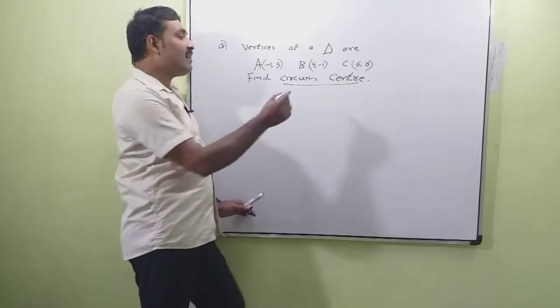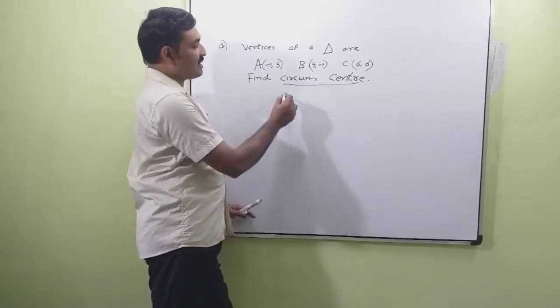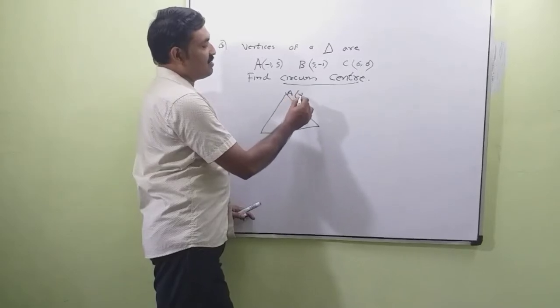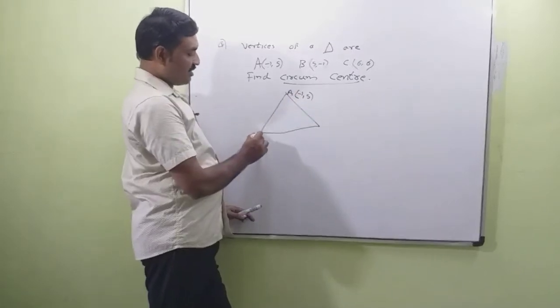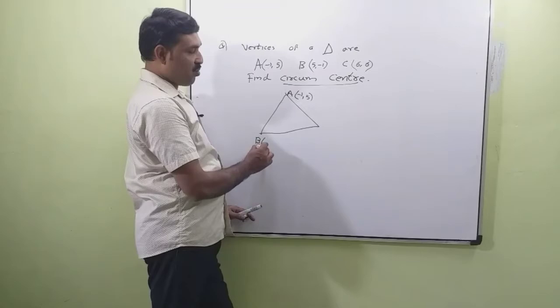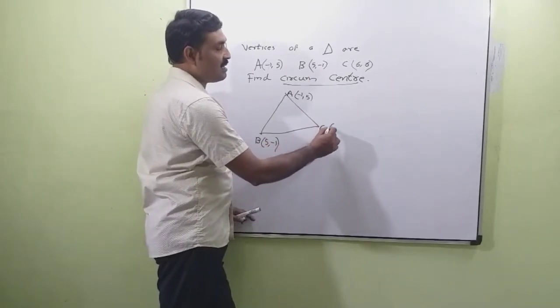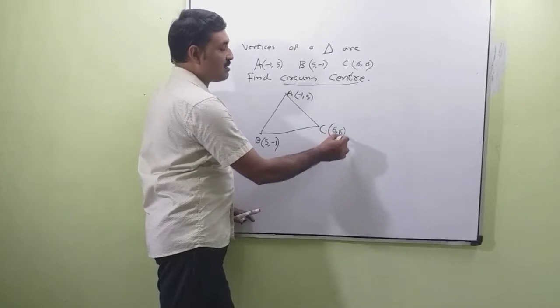Now I am drawing a triangle. Let this vertex represent A (-1, 5), this vertex be B (5, -1), and this vertex be C (6, 6).